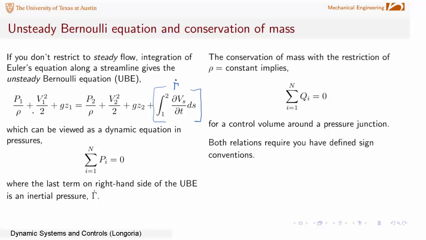So this is kind of a nice analogy, and this is what leads to that typical relation. Remember, we always talk about having your sum of efforts equal to 0 in all your areas. This is the dynamic term. It comes from an unsteady Bernoulli equation. But oftentimes we have to treat certain terms differently.